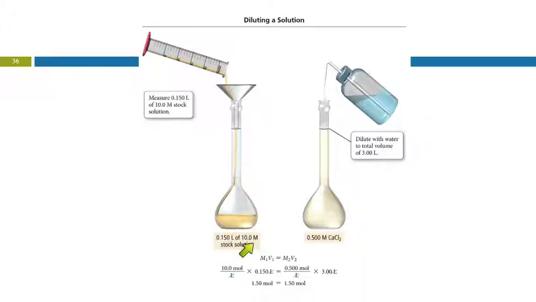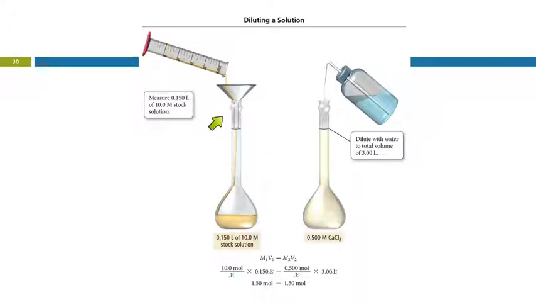So if we look at the moles of solute that we're adding initially, 0.15 liters times 10 molar, that's written out down here. That's 1.5 moles of solute. And over here, after adding the water, we've got 3 liters of solution, and the concentration now is 0.5 molar. If you take 0.5 moles per liter times 3 liters, you also get 1.50 moles.